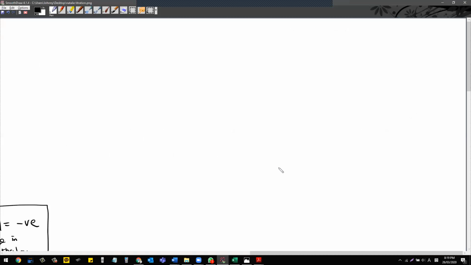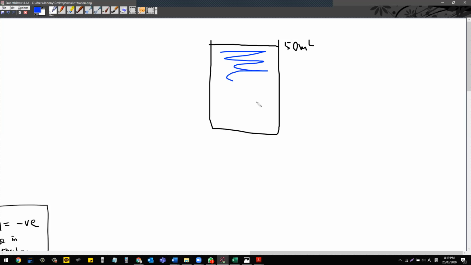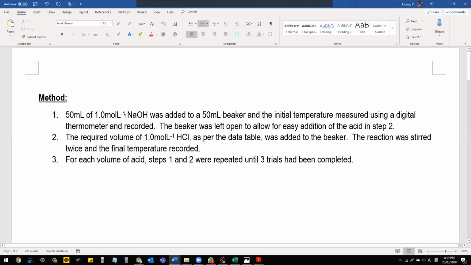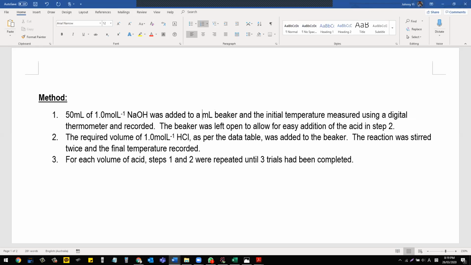That means the maximum capacity is 50 mL, right? And they filled it up to 50 mL with base. But then you can't add any more acid to it, right? Exactly. So I would change that to 100 mL or more, so that's a 200 mL beaker.